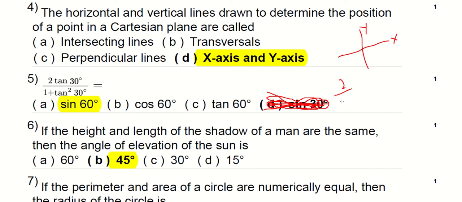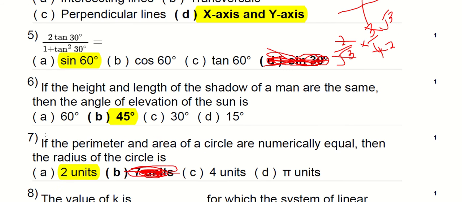So 2 by root 3 into 3 by 4. Then 3 and root 3 cancel, leaving root 3. So the answer is root 3 by 2. Root 3 by 2 is the answer, the sin 60 value.